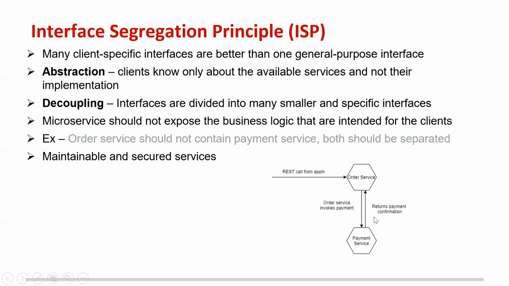In this way, it is more scalable, and since the edge of the service is exposed through the abstraction, it is more secure because the client or outside application accessing this service doesn't have any idea of the internal logic. It is also more maintainable because whenever you would like to make a change with respect to the order service, we are going to touch only the order service. We are not going to touch the payment service.